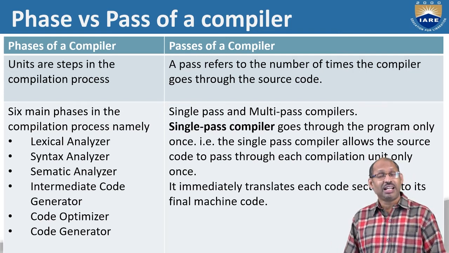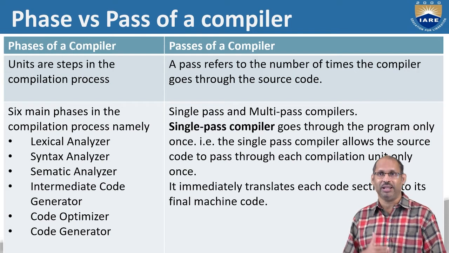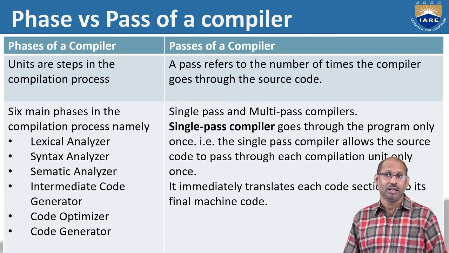The compilation is faster, but some features of the programming language will not be supported by a single-pass compiler. The first example is that the C compiler is a single-pass compiler.